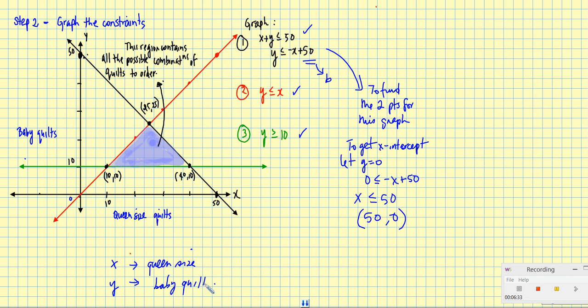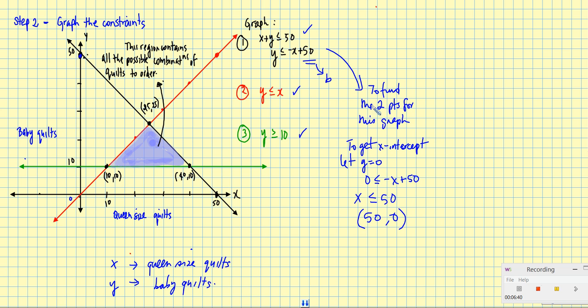When I graph, I have 50 as my y-intercept, and technically I would be going down 1 unit and 1 to the right. Now, rather than using that method, my idea would be to get the x and y intercepts to get the line.